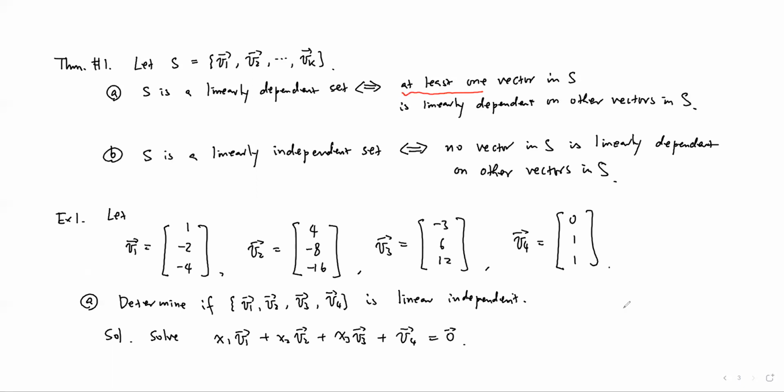If the vector equation has a non-zero solution, then this set is a dependent set, not independent.